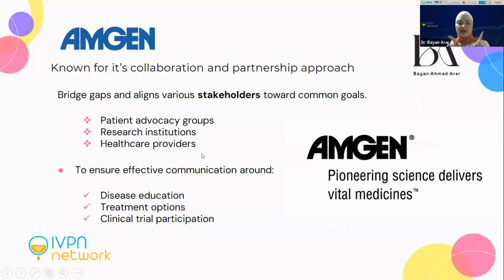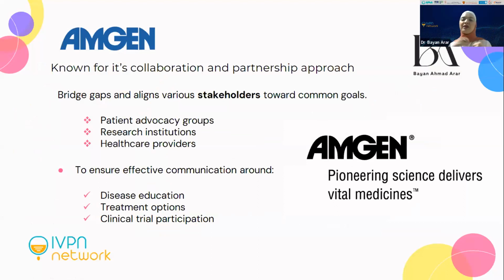Okay, the last example we're talking about today is Amgen. Amgen makes collaborations and partnerships, and they follow this communication approach. They are bridging gaps and aligning with various stakeholders toward achieving common goals.